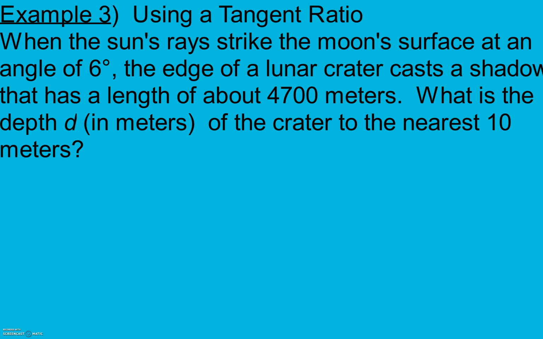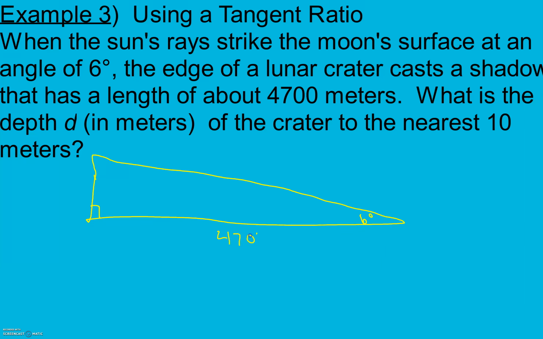So here, the picture, there's one in the book on page 490, but it looks kind of like this. So here's our triangle. It's telling us that this is 6 degrees, and that the shadow length is 4,700 meters. And we want to know, what is the depth of the crater?